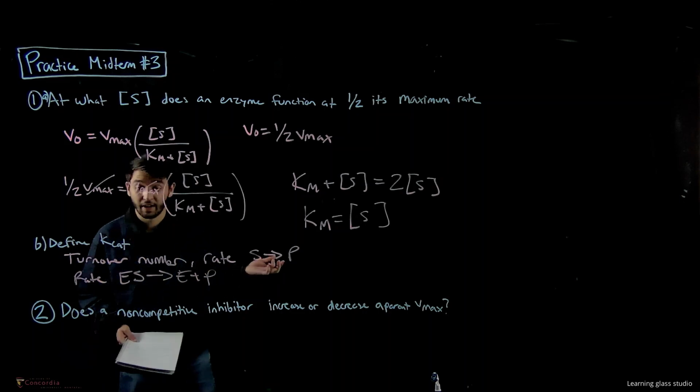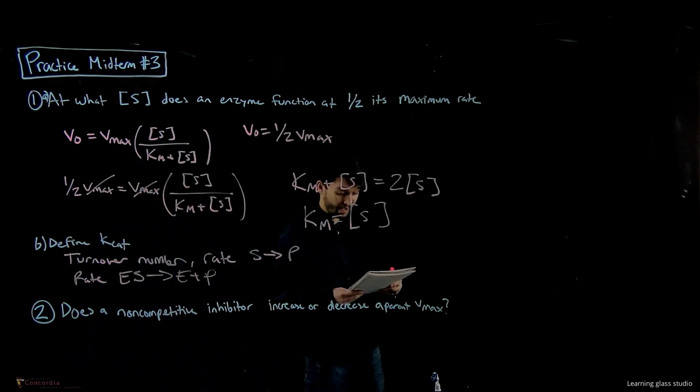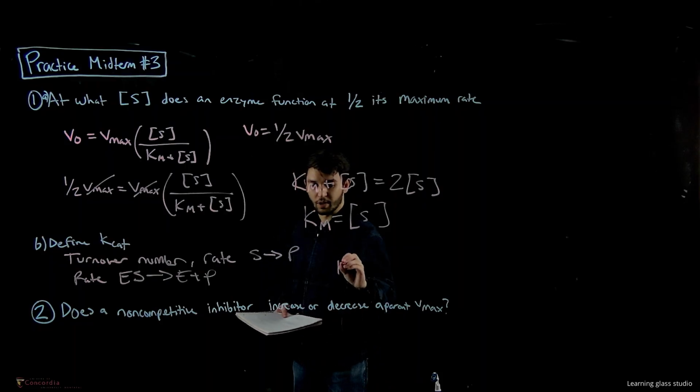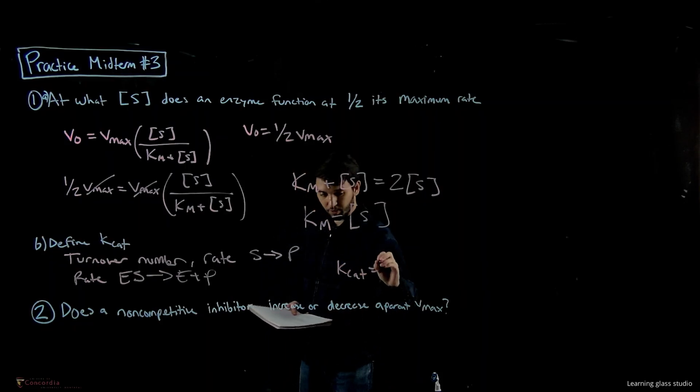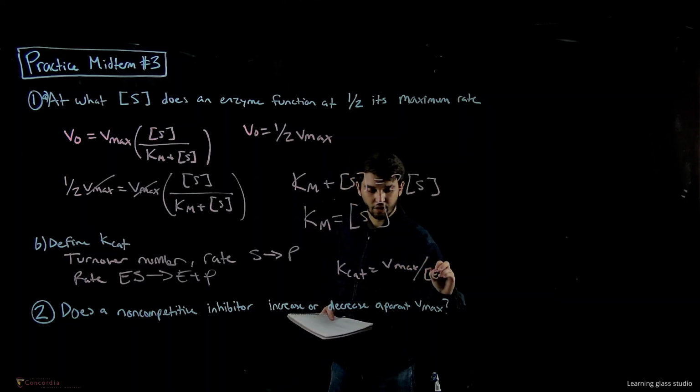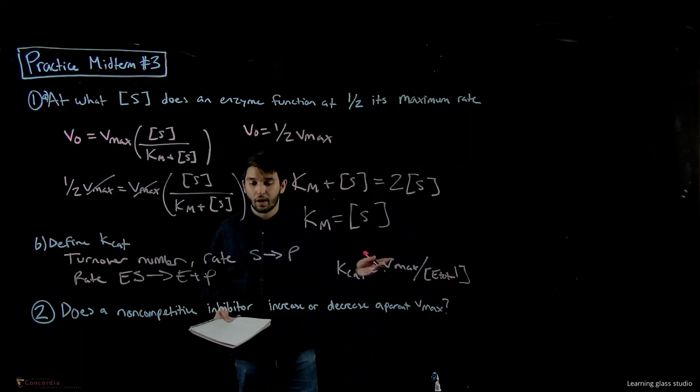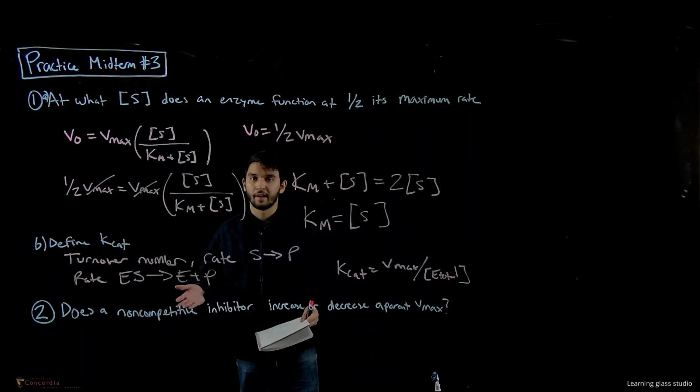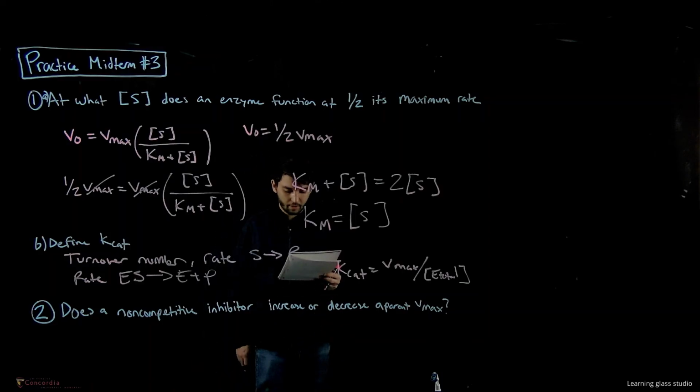That's another way of thinking about it. And if we want to calculate it, we use the equation Kcat is equal to Vmax divided by the total enzyme concentration. If you want to see an example of this calculation, I show it off in the enzyme kinetics video.